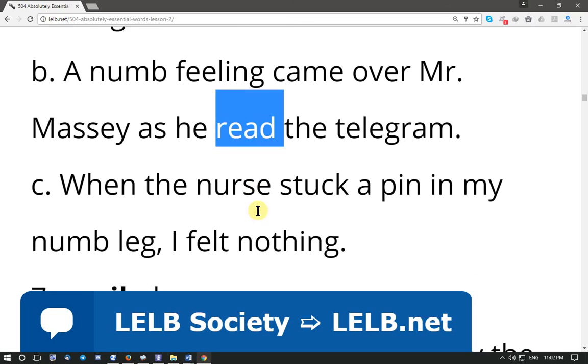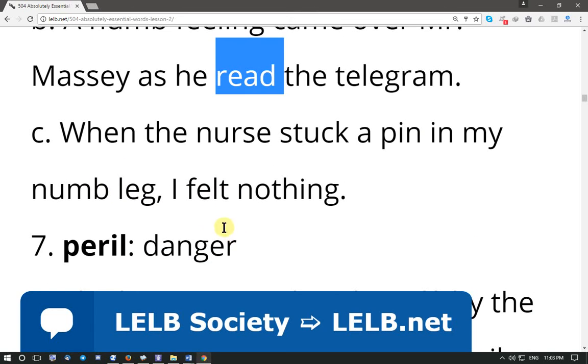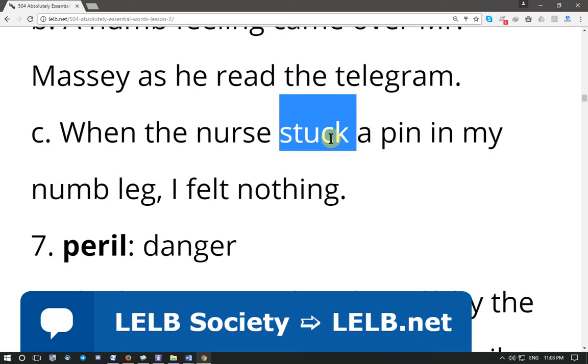Sentence C. When the nurse stuck a pin in my numb leg, I felt nothing. So my leg was numb, so I could not feel anything, I could not sense anything. Therefore, actually, when the nurse stuck, which is the past tense of stick, S-T-I-C-K, means penetrate or inject a pin, perhaps.